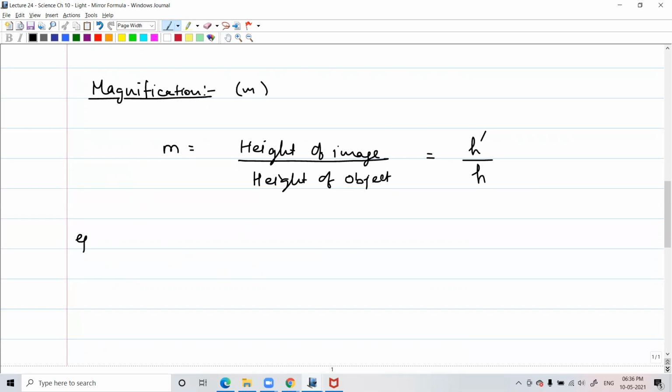For example, let's say the object is 5 centimeter high and the image is 10 centimeter.